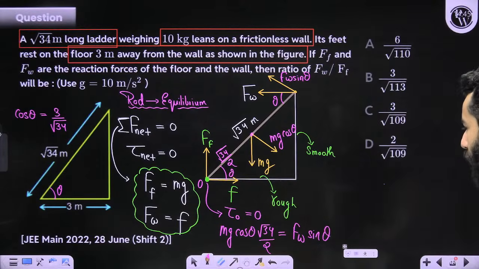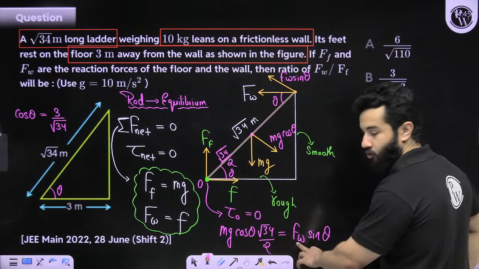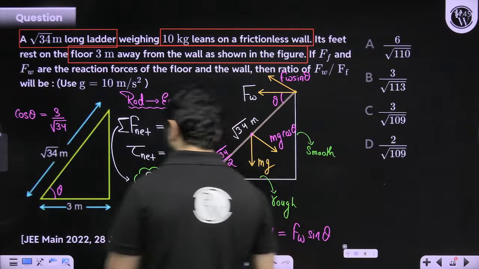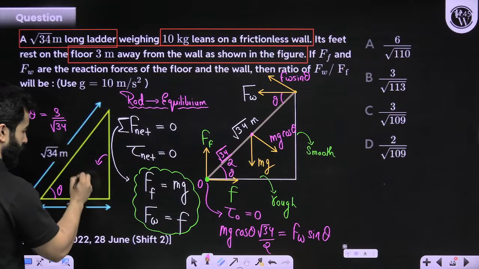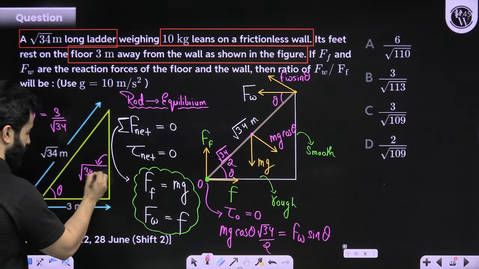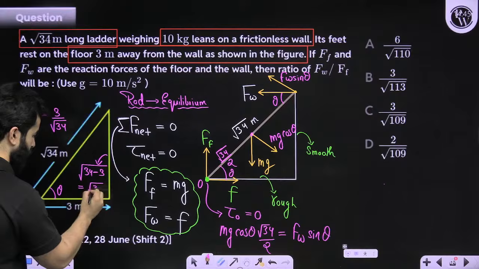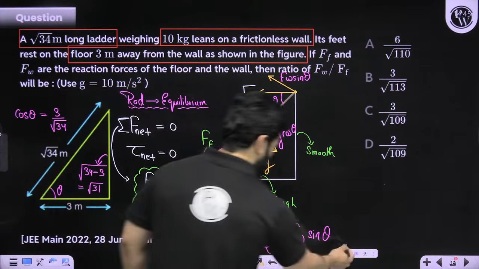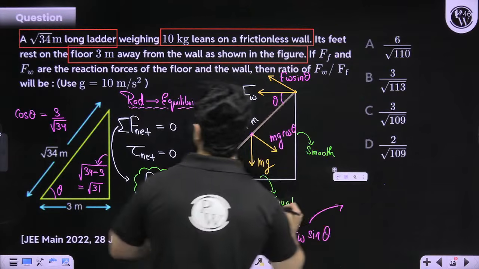Now the most important thing in these types of problem is, after this you can find out Fw, right? Because see, sine theta will be, this side will be under root of 34 minus 3. That means this is going to be under root of 31, right? So you can use this equation and you can write down mg.